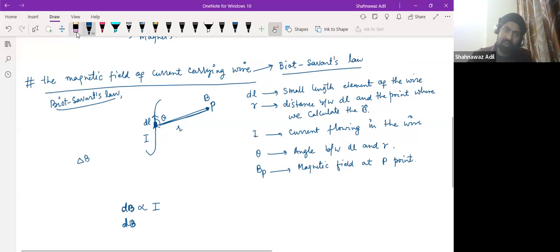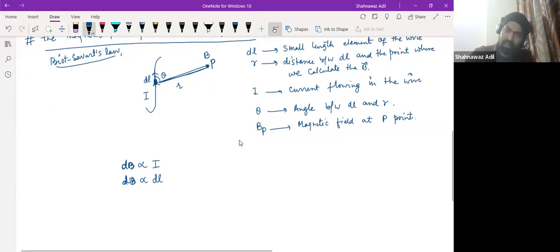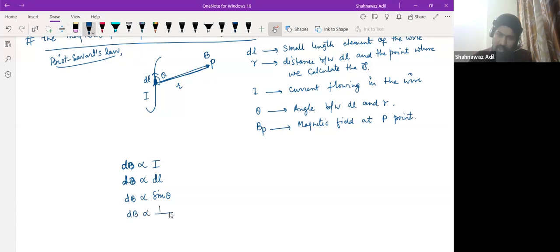This dB is also directly proportional to the length element dl, proportional to the sine of the angle theta, and lastly inversely proportional to r square.